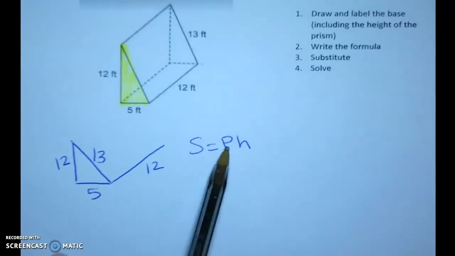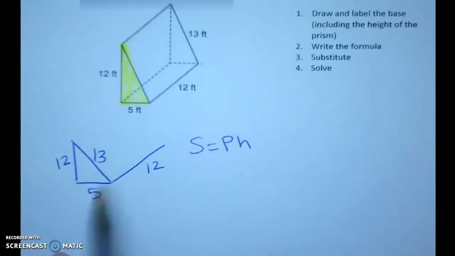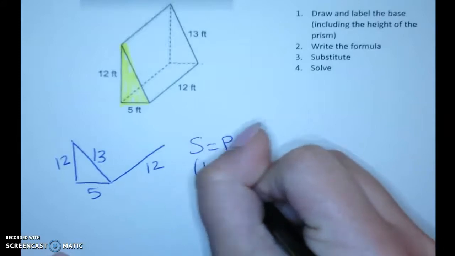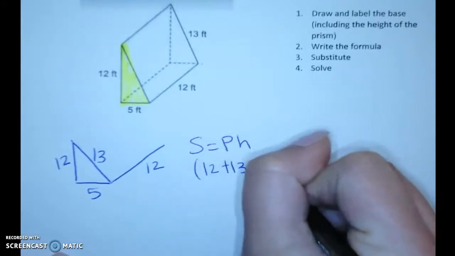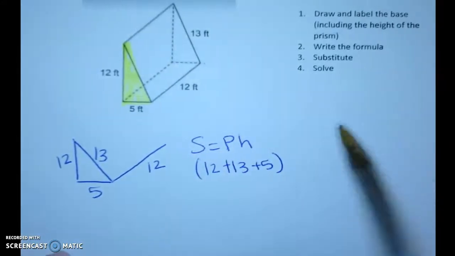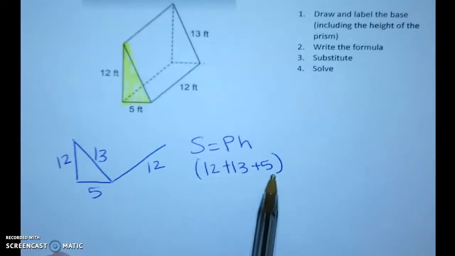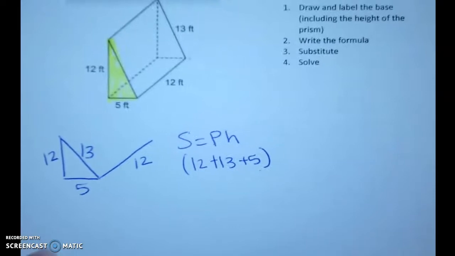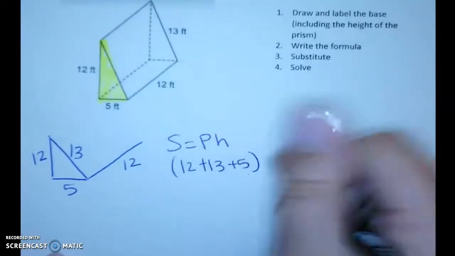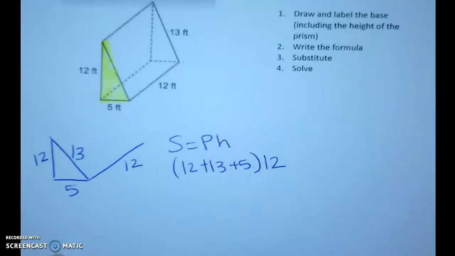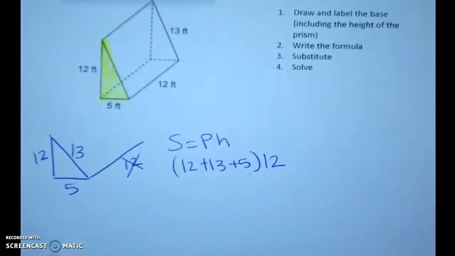So perimeter of the base is just adding up the three sides of the triangle. Major difference between this one and rectangular prism is there's 3 sides instead of 4. That's because a triangle only has 3 sides and a square has 4, or a rectangle has 4. And then for height, we're using 12, okay? We're going to go ahead and put an X on that because we used it.